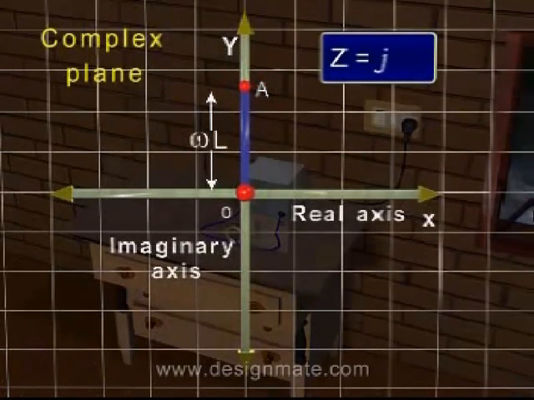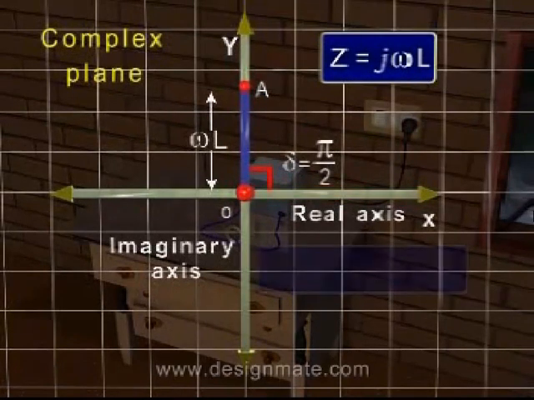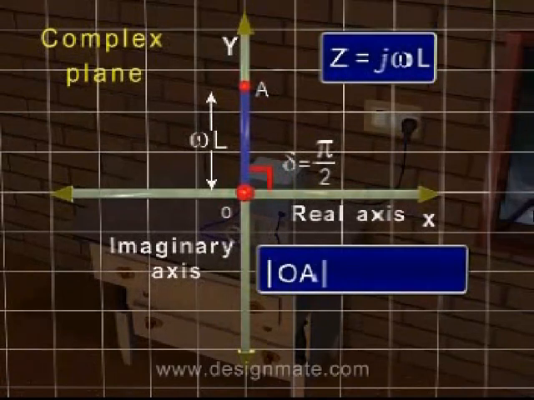Z is equal to j omega L. The angle made by OA with the real axis is pi upon 2. Further, modulus OA is equal to omega L, which is equal to modulus Z.